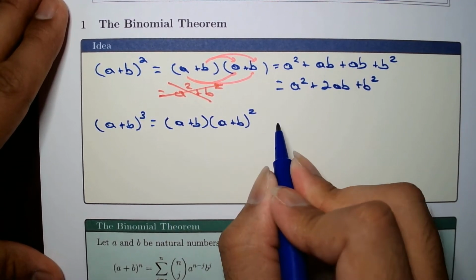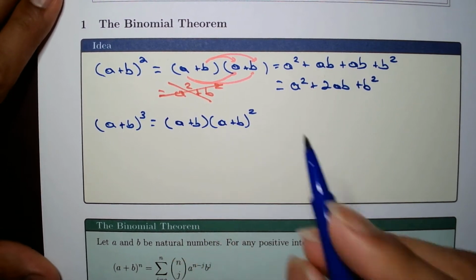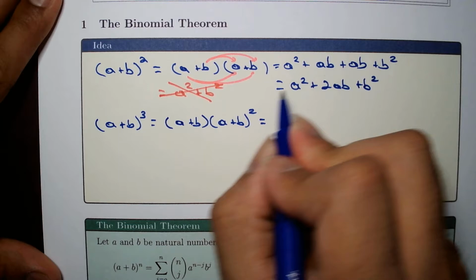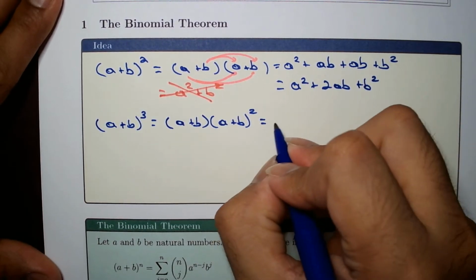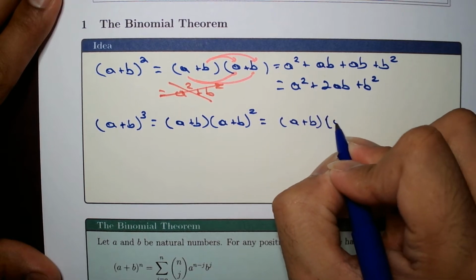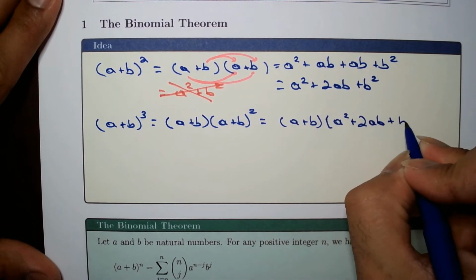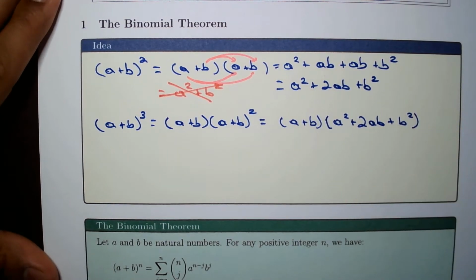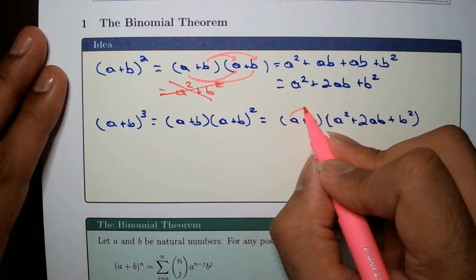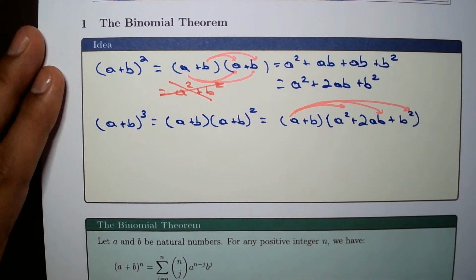Instead of doing this three times, you can do it once to the first and once to the second. My advice here is to just use the result from the previous part, a squared plus 2ab plus b squared, and then use the distributive property from here: a times a squared, a times 2ab, a times b squared.